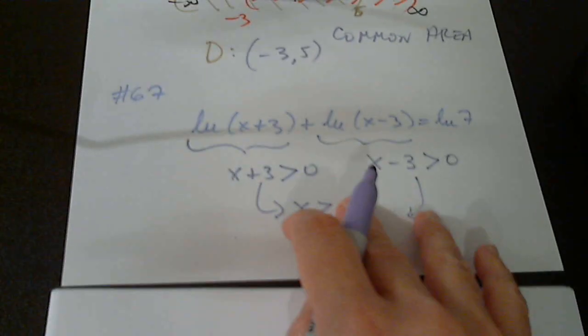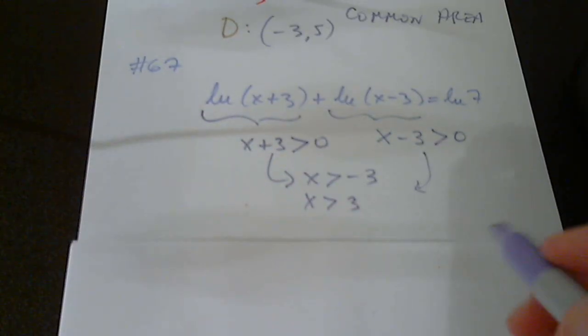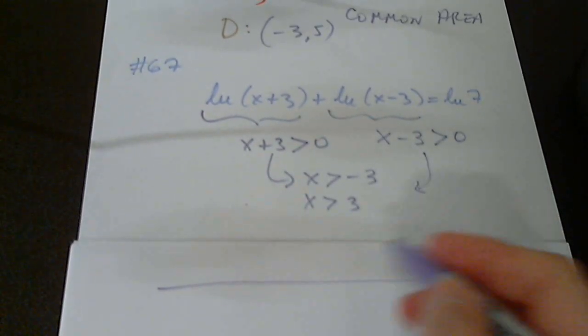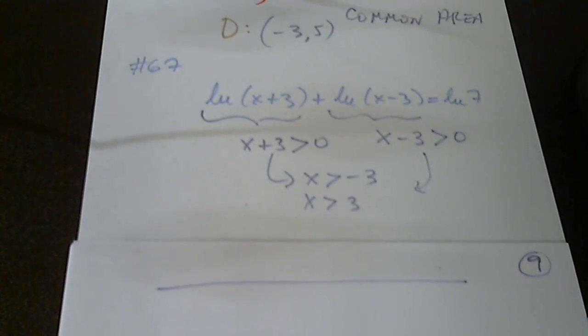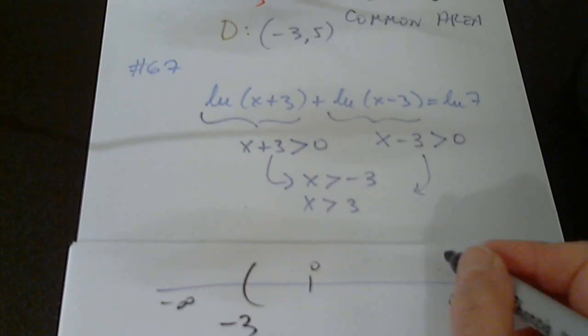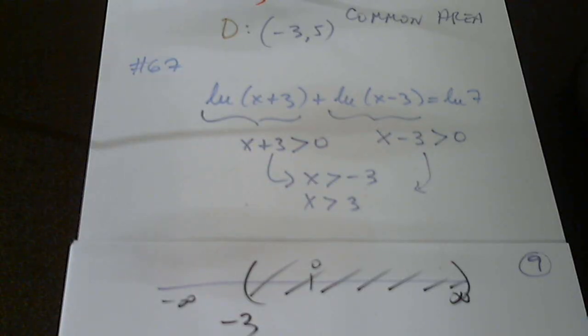What is the common territory? What is the common element? Where are the common elements here? If you need to graph it, we can graph it. So, negative infinity to infinity, greater than negative 3, and greater than 3.